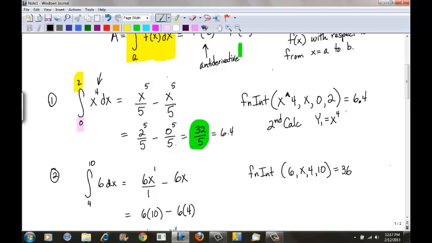Okay, let's get a better window. My x min, let's go even like -4 to 4. Y min, we don't need that much. Let's go -4. Y max.